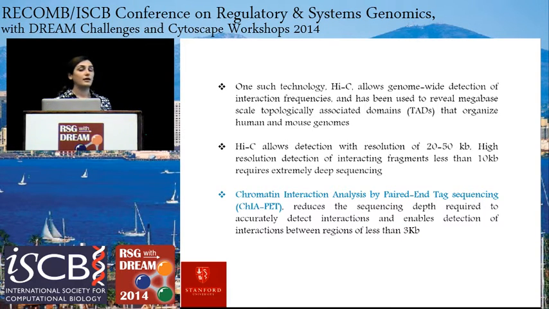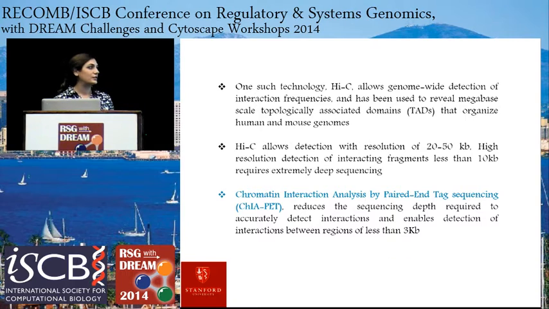And for achieving a very high resolution map, we need very, very deep sequencing. It requires very deep sequencing to get a resolution of less than 10 kb. We chose to use ChIA-PET, chromatin interaction analysis by paired-end tag sequencing.